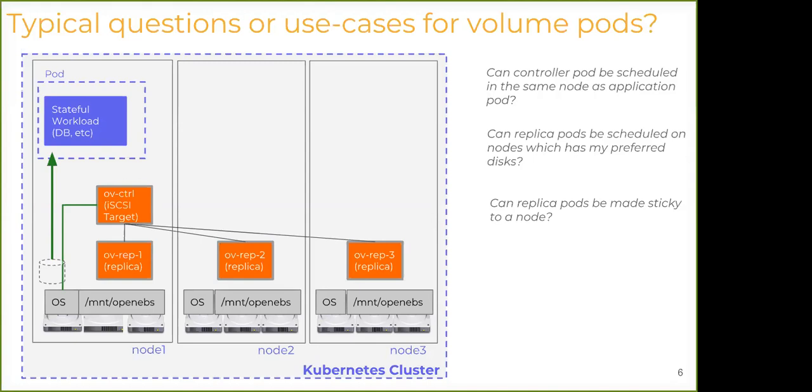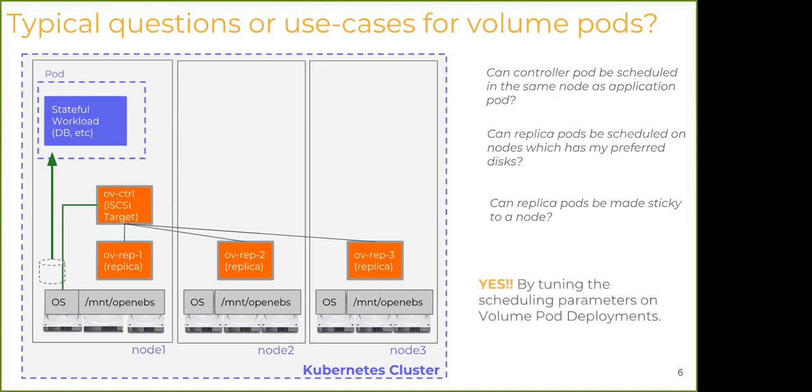However, in the case of a replica, it is not desired to move these pods to a different node. It should be sticky to the node where it was placed. Otherwise, it involves a data migration, and this can also result in data loss.